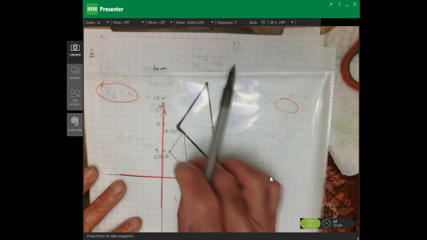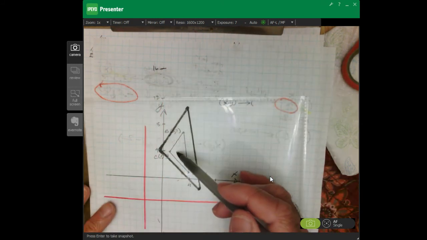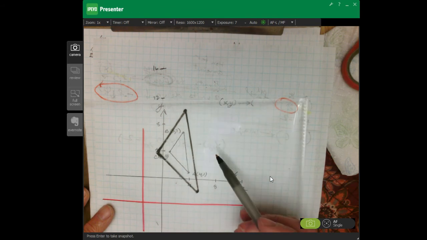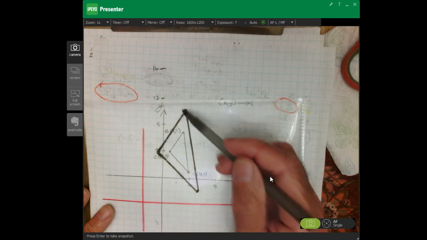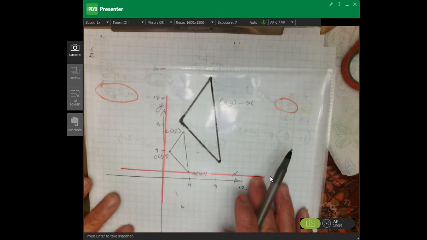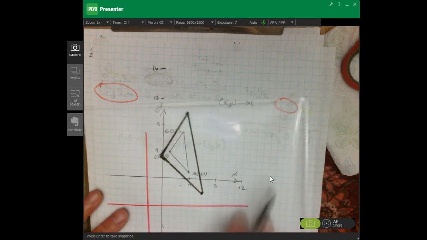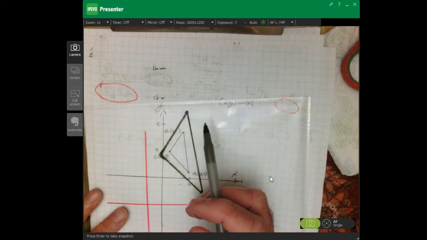So for instance, this one went up like that and it stretched that way. If we had started somewhere in the middle of the triangle, it might look more like that. But the shape would be the same. It won't be turned, but it'll be up like this. It could be to the side, depending on where the point of dilation is.